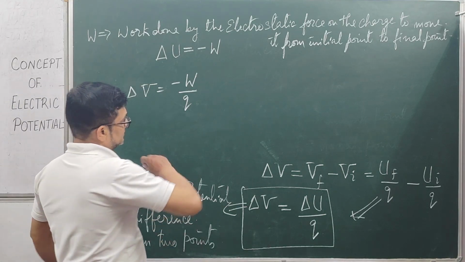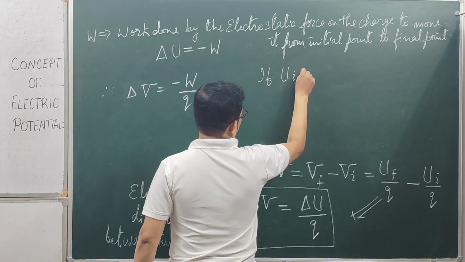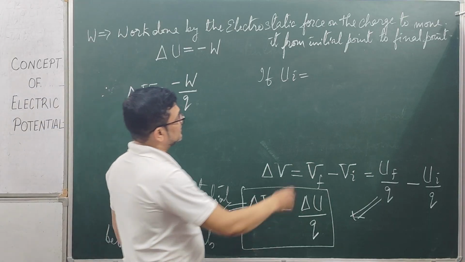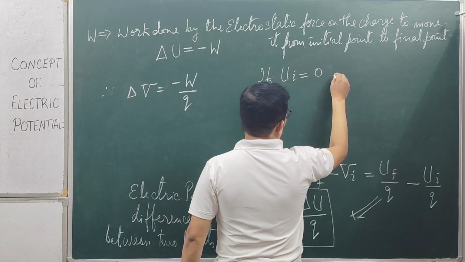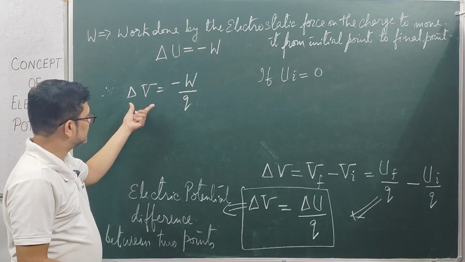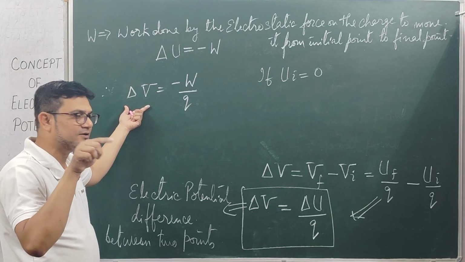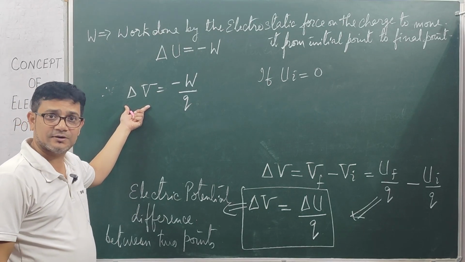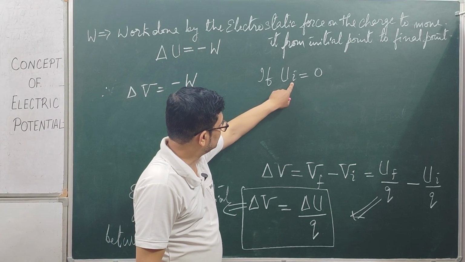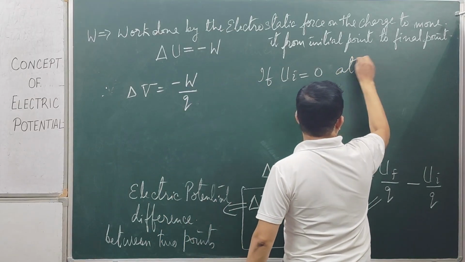Now suppose you consider a reference where at the initial point the potential energy was 0, which means that you bring the charge from infinity. So this was the potential difference between 2 points. At any point in the electric field, if you want to define electric potential, then you reference it as the potential energy initially being 0 at infinity.